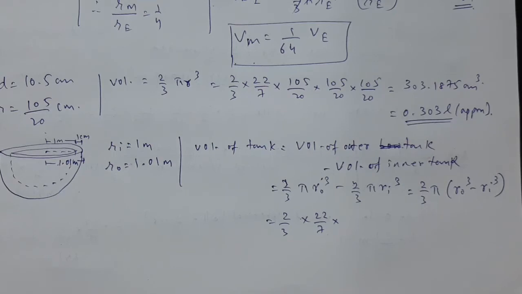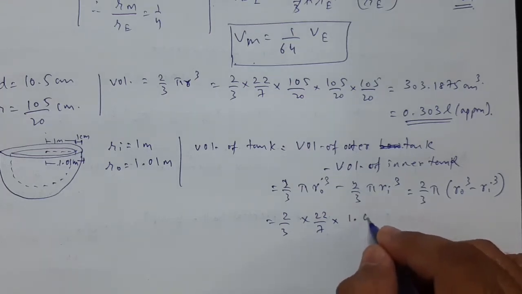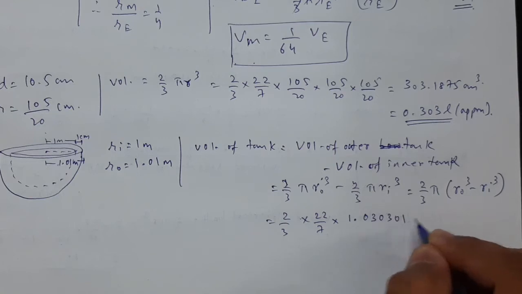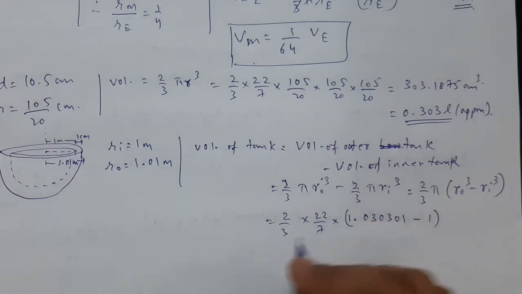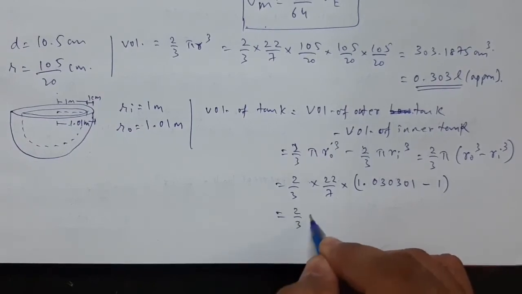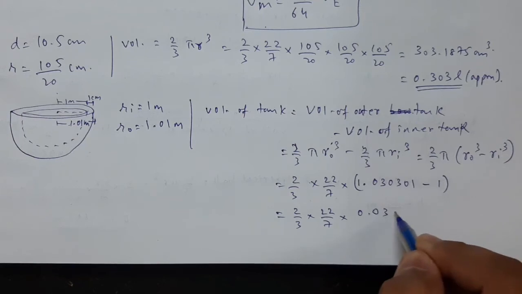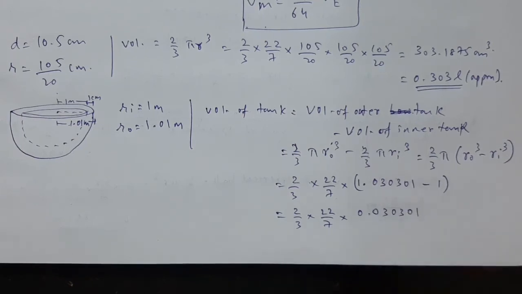1.01 into 1.01 into 1.01 will give you 1.030301 minus 1. So that is equal to 2 by 3 into 22 by 7 into 0.030301.